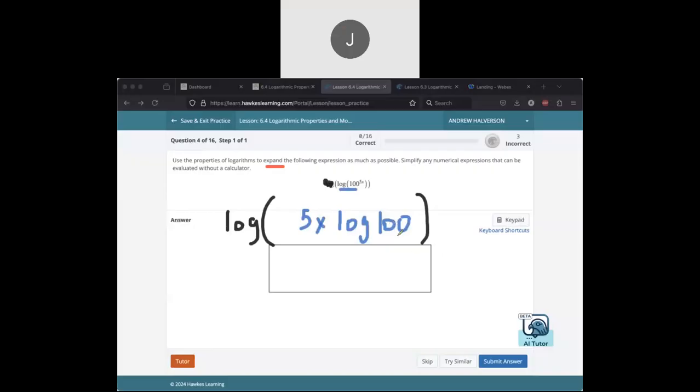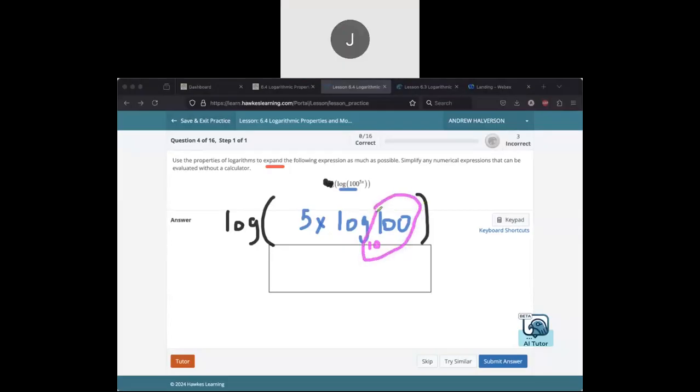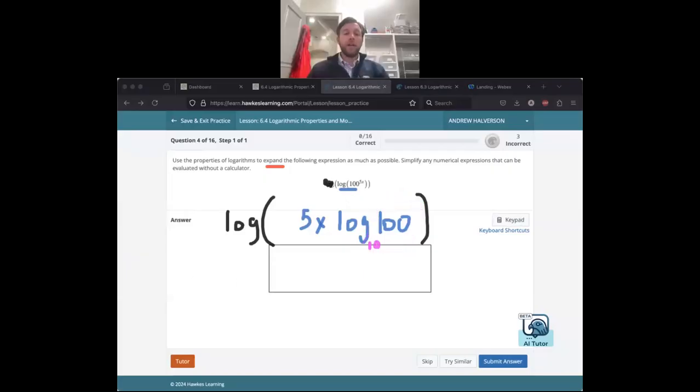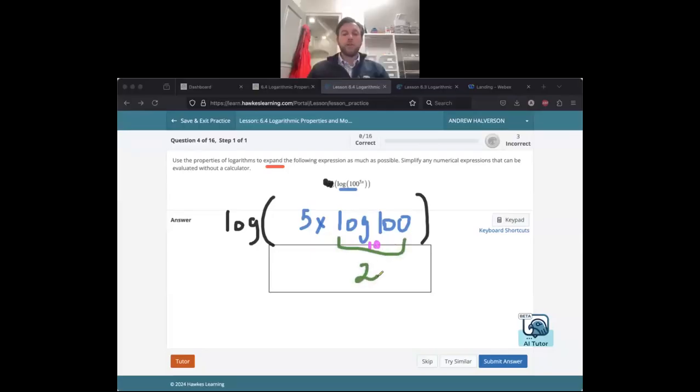Now, in this particular one, we can simplify log base 10 of 100. Keep in mind that this is a base of 10. Are the number and the base powers of each other? Yes. What power of 10 will give you 100? 2. So log of 100 reduces down to a 2.